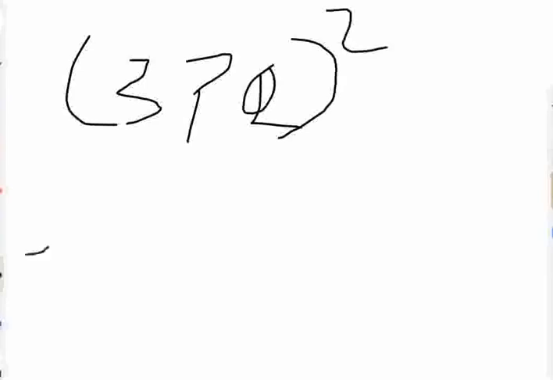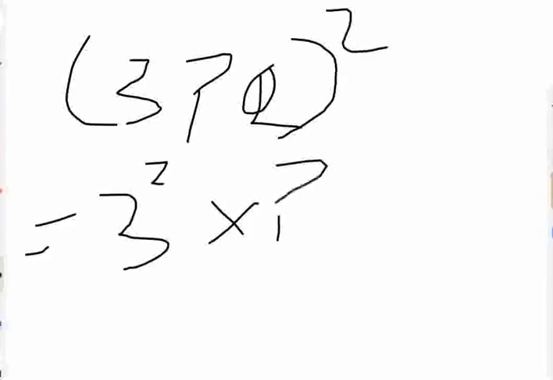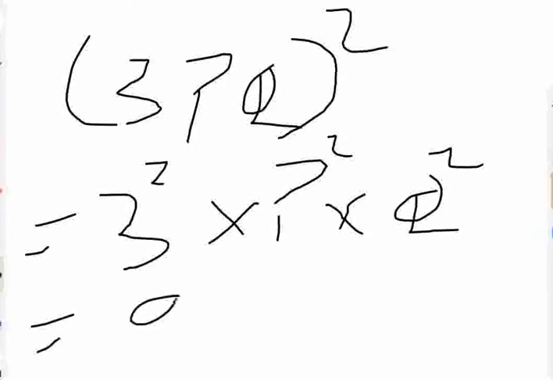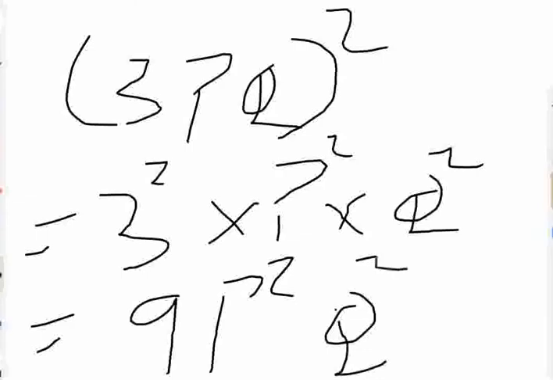This is equal to 3 raised to the power 2 times p raised to the power 2 times q raised to the power 2, which is equal to 9p squared q squared. So that's just it. The power is distributed to all those factors in the bracket.